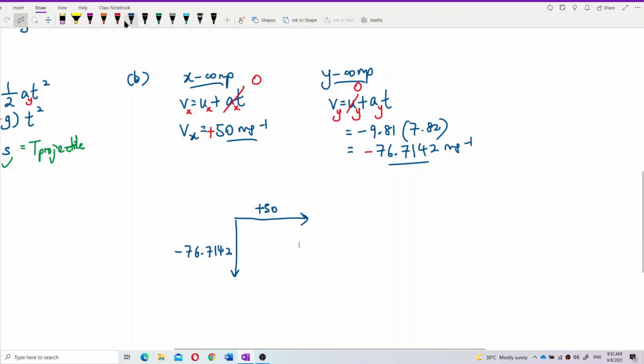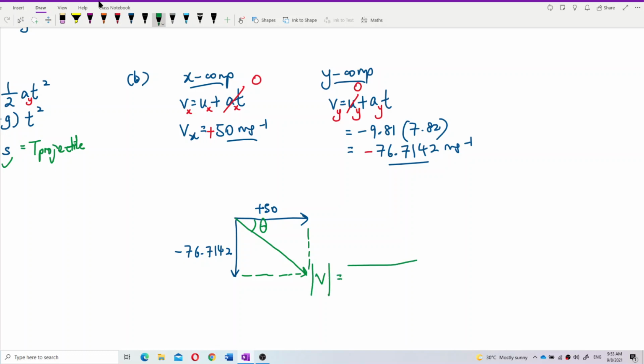So what is our resultant? Our resultant is over here. This is our V. We need to find this V, and this is angle theta. The magnitude of the velocity is the square root of our Vx squared plus Vy, which is negative 76.7142, squared.